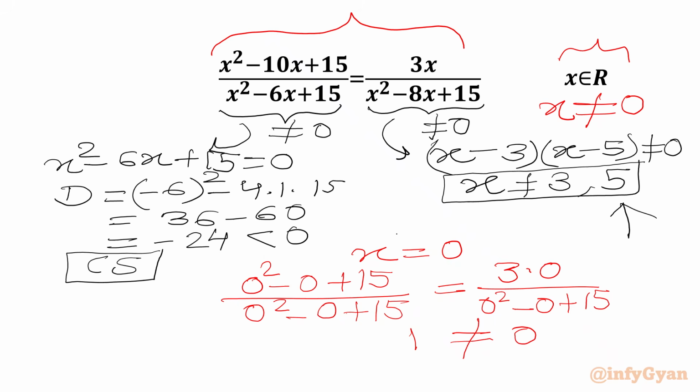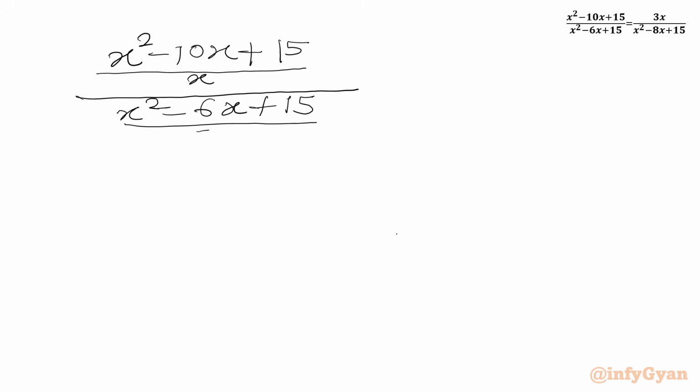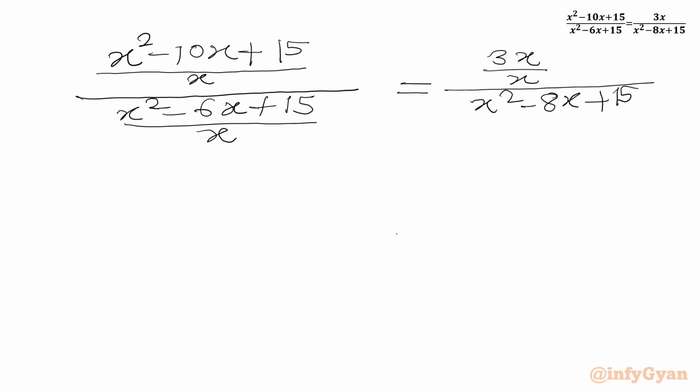Now we will divide our numerator and denominator by x, on both sides. So we will write here x square minus 10x plus 15 divided by x for the numerator, and in the denominator x square minus 6x plus 15 divided by x, equal to 3x divided by x over x square minus 8x plus 15 divided by x.